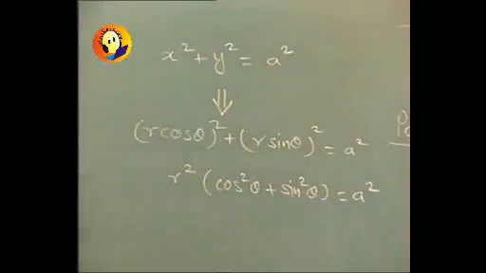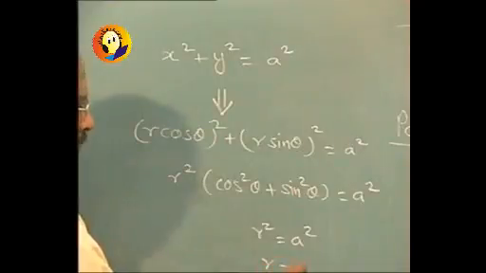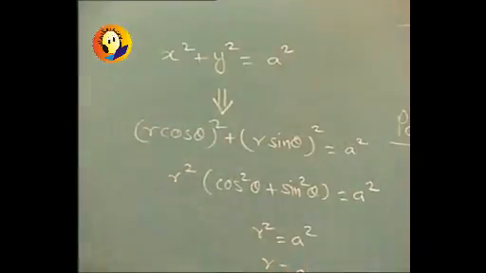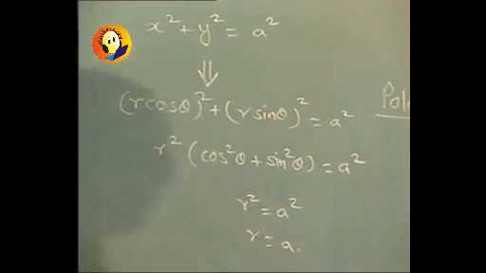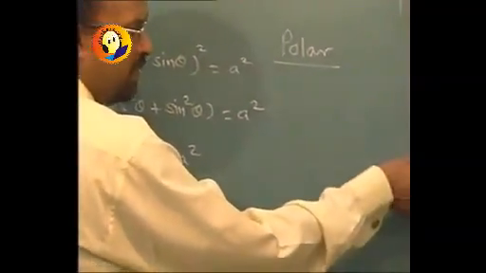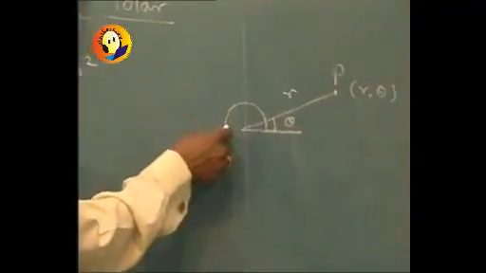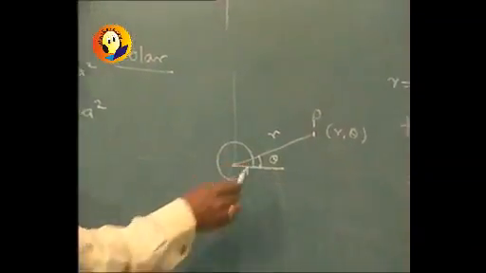Sin square plus cos square is 1, so r square equal to a square or r equal to a. That means theta is not indicated; theta will be taking all possible values, from 0 degrees when it coincides with the original x-axis to a maximum of 360 degrees.